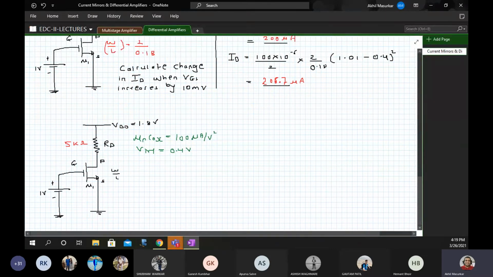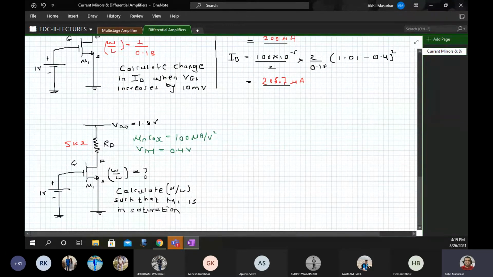So W by L of this transistor is not known, so we have to calculate W by L of this transistor such that M1 is in saturation.